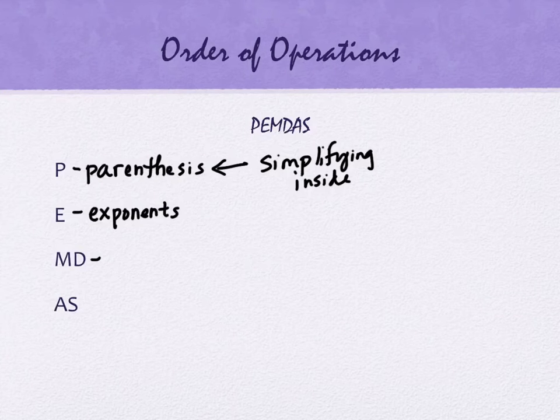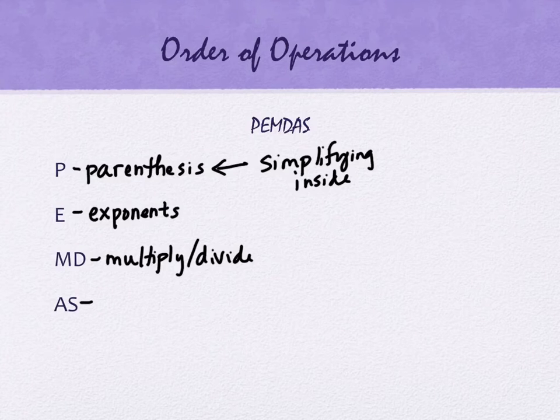M and D are what? They're multiplication and division. I'm going to just write multiply and divide for short. And then A and S are addition and subtraction. Add and subtract. So you can subtract before you add. Are you okay with that? And you can divide before you multiply.